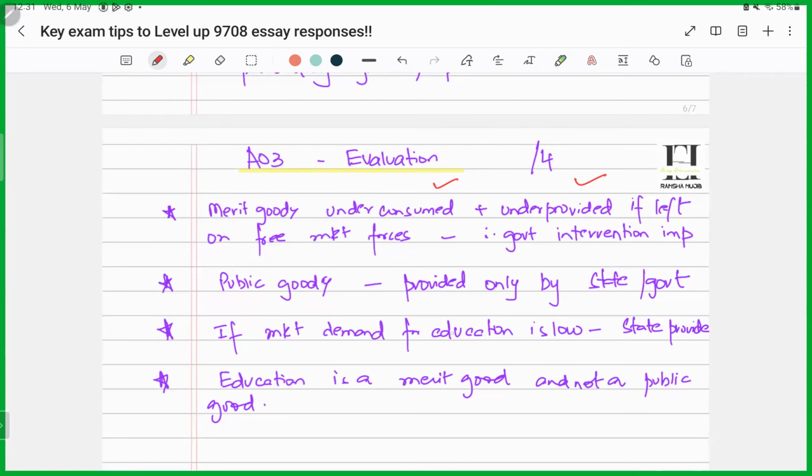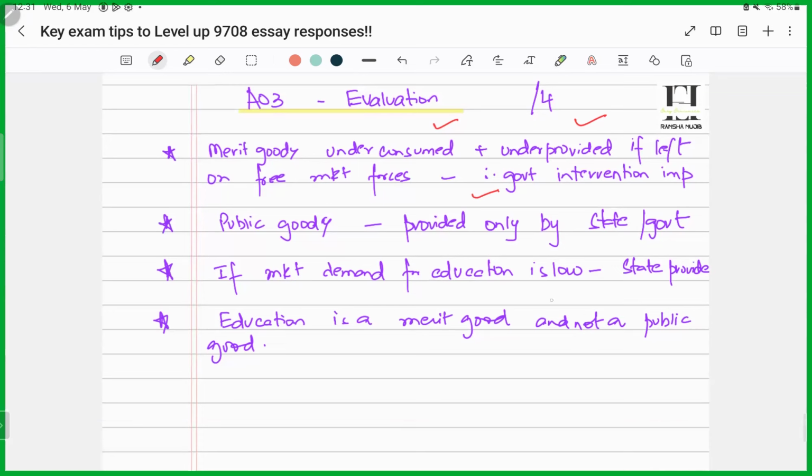Public goods are only provided by the state or the government. If market demand for education is low, then it can be solely provided by the government. Finally, you would say in your evaluation that education is a merit good and not a public good. How could you have finally given your evaluation? You could have said that education is best classified as a merit good because it is underconsumed in a free market and it generates a lot of positive externalities.